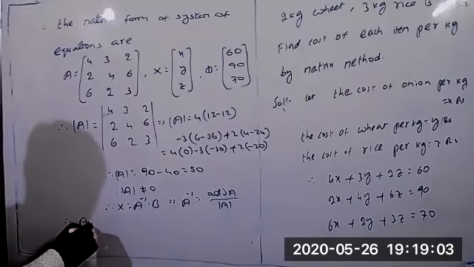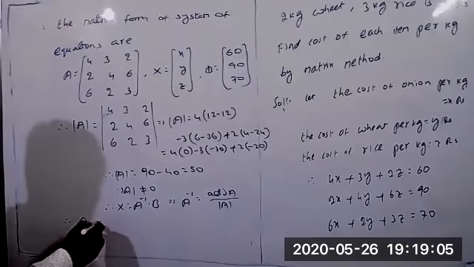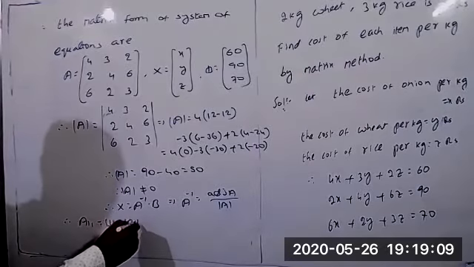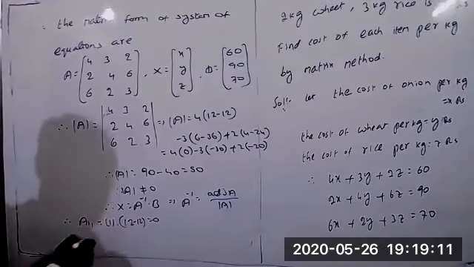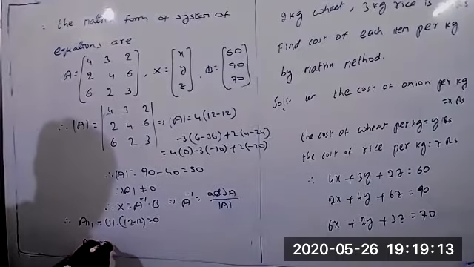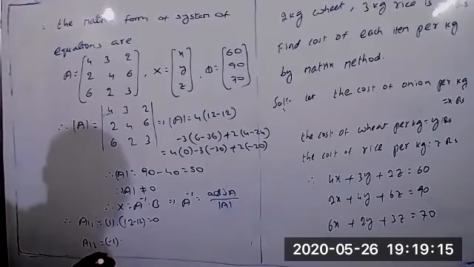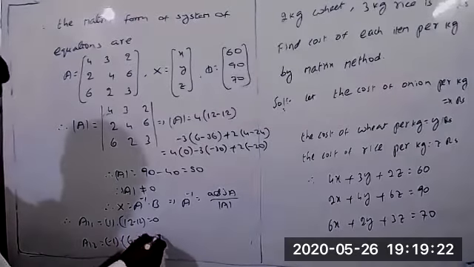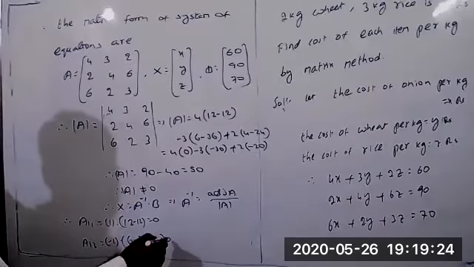Therefore, A11 equals plus 1 into 12 minus 12, which equals 0. Next, A12 equals minus 1 into 6 minus 36, which equals plus 30.